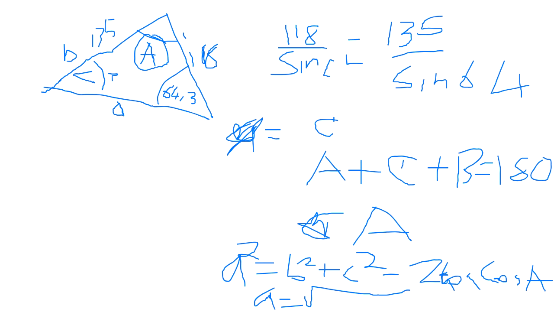Yes, sir. Sir, can I ask this question? Yes. If I use the sine and cosine rule on a right triangle, am I going to get a different answer to the Pythagoras theorem? No, you get the same answer.